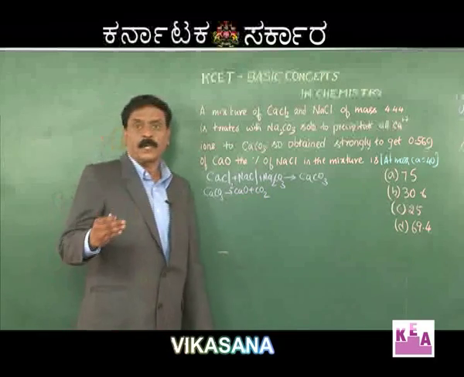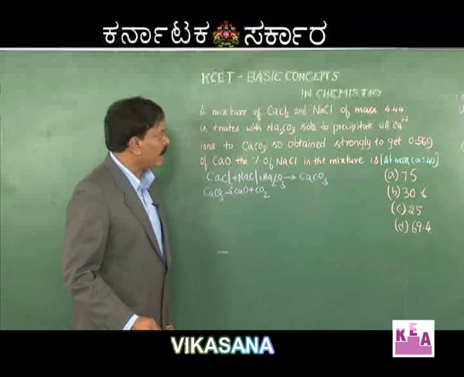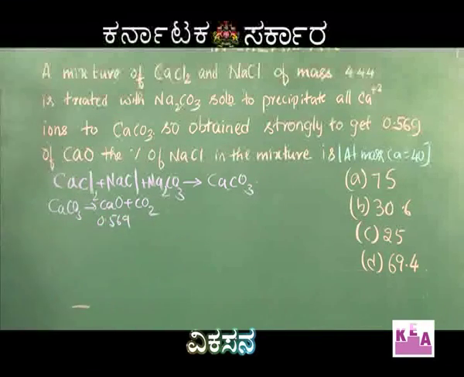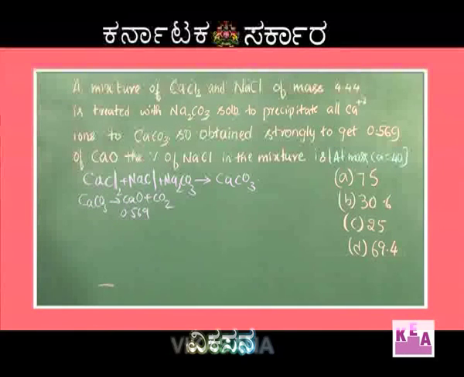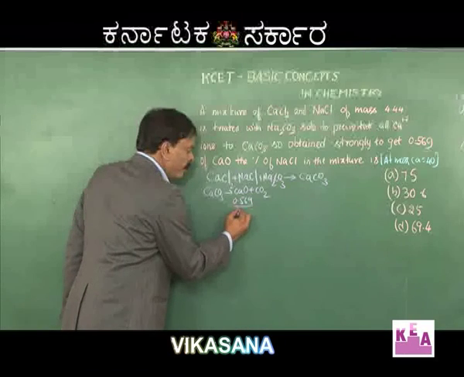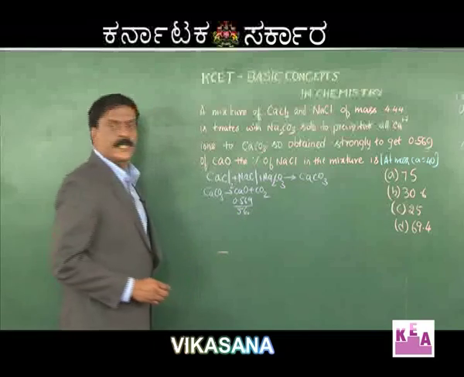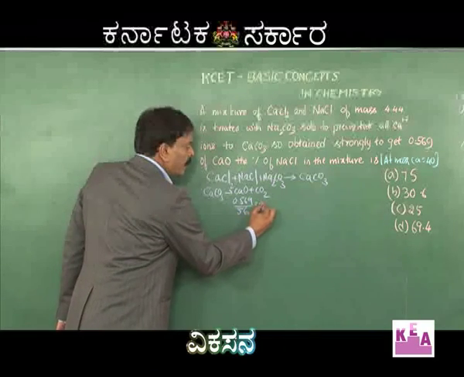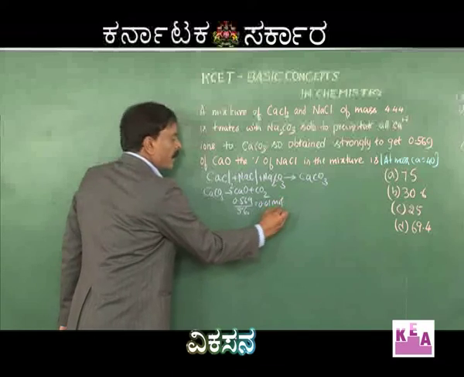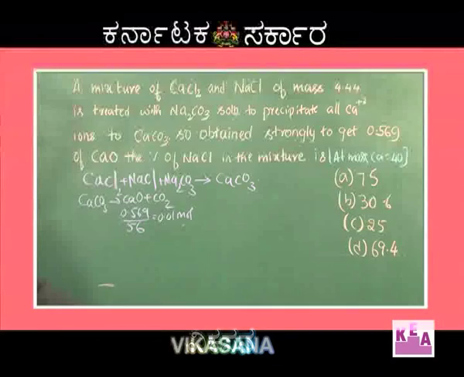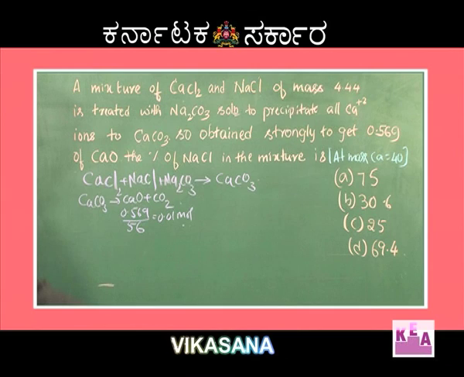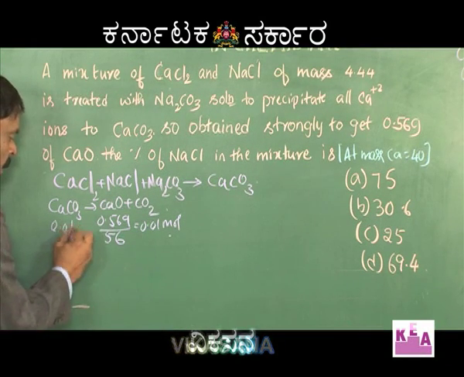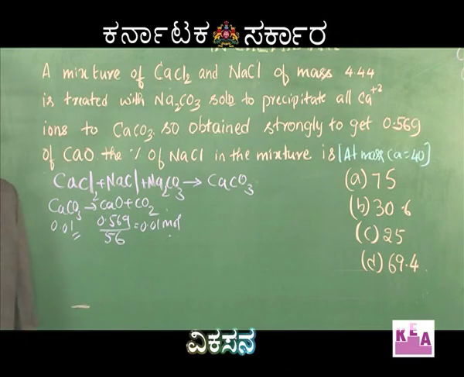Now, what is the amount of calcium oxide that we get here? The amount here is 0.569 grams. When we convert this to moles, you have to divide by 56. 56 is the molar mass of calcium oxide, which turns out to be 0.01 moles. If you have to get 0.01 mole of calcium oxide, you need to heat 0.01 moles of calcium carbonate.